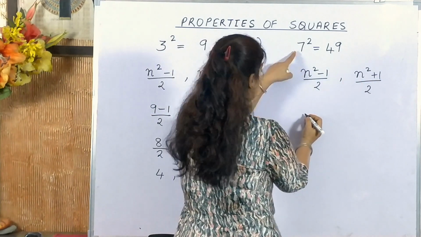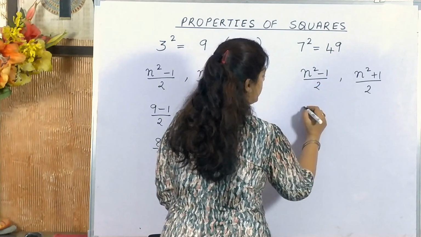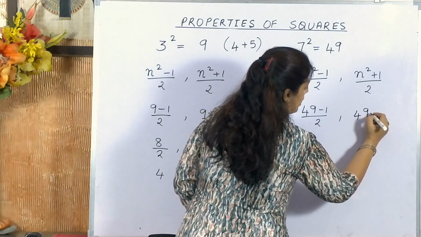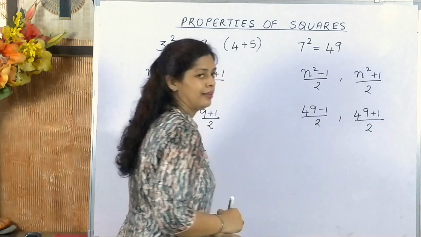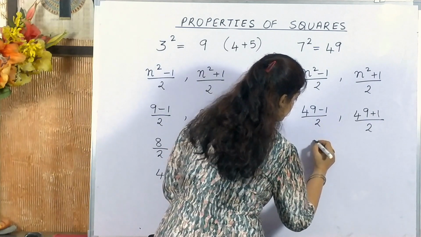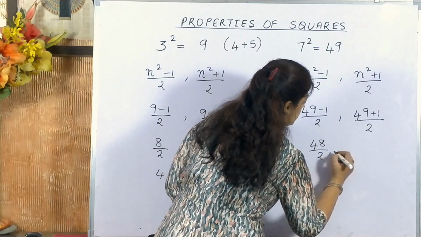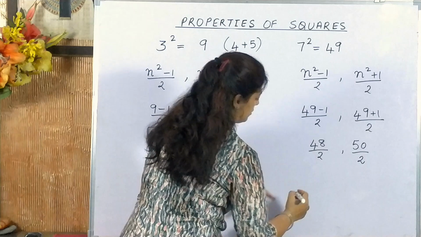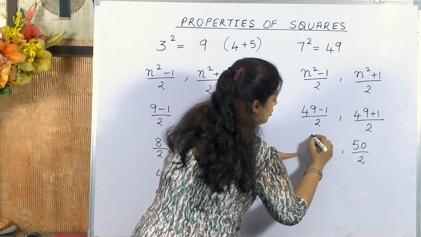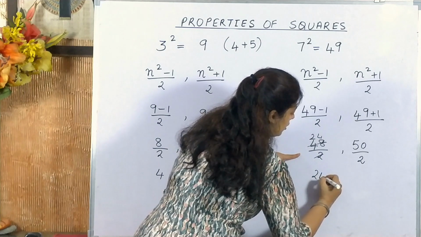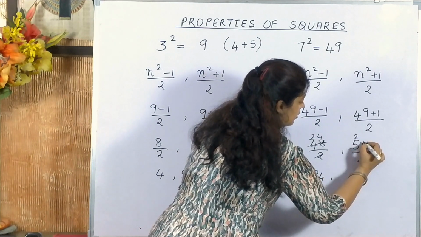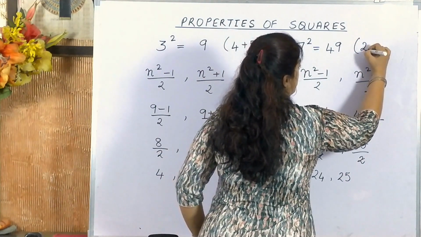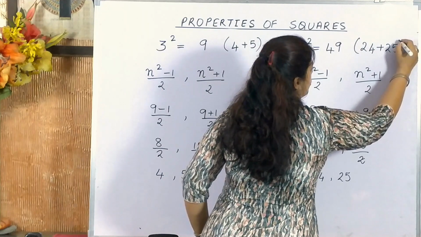N is 7 in this case, so 7 square will be 49. 49 minus 1 divided by 2 gives one number and 49 plus 1 divided by 2 gives the other number. 49 minus 1 is 48 divided by 2 and 49 plus 1 is 50 divided by 2. This gives 2 4s are 8, 24, 2 5s are 10, 25. So I can express 49 as a sum of 24 plus 25.